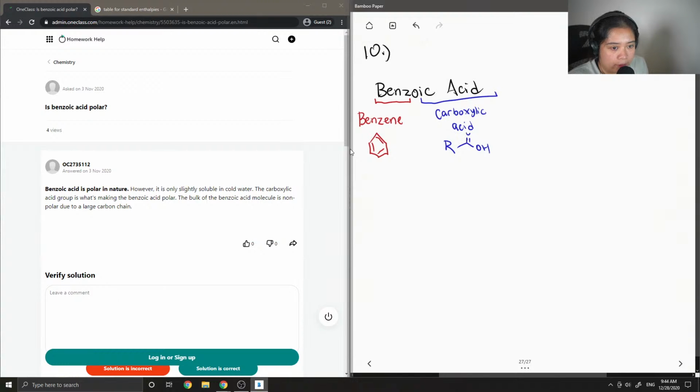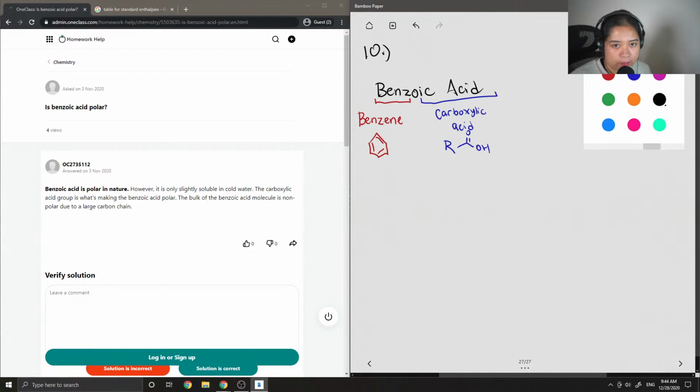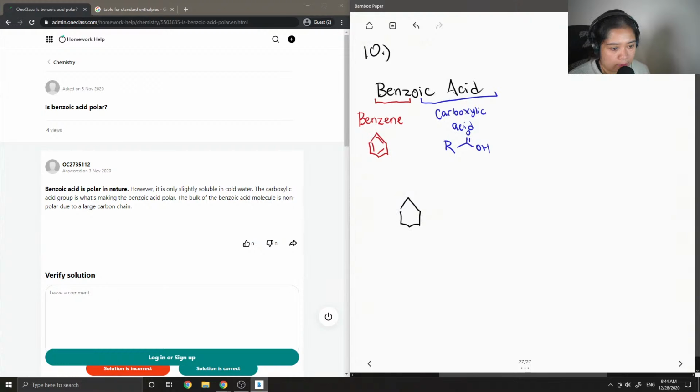Which would look like this. So that tells us that the structure of benzoic acid contains benzene and then a carboxylic acid group attached to it.